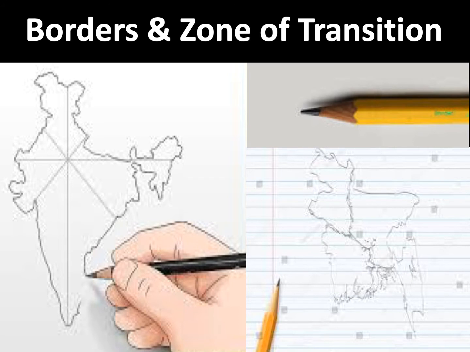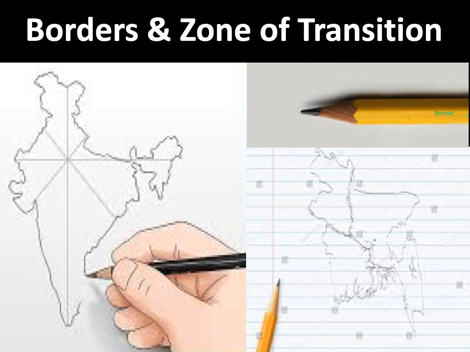Next is borders or zone of transition. So what is the meaning of this? If we are having a pencil or a pen and we are drawing the borders of any country around the world, we are able to draw where the country is starting and where it's ending, and we are able to draw the borders of that country very well on land.